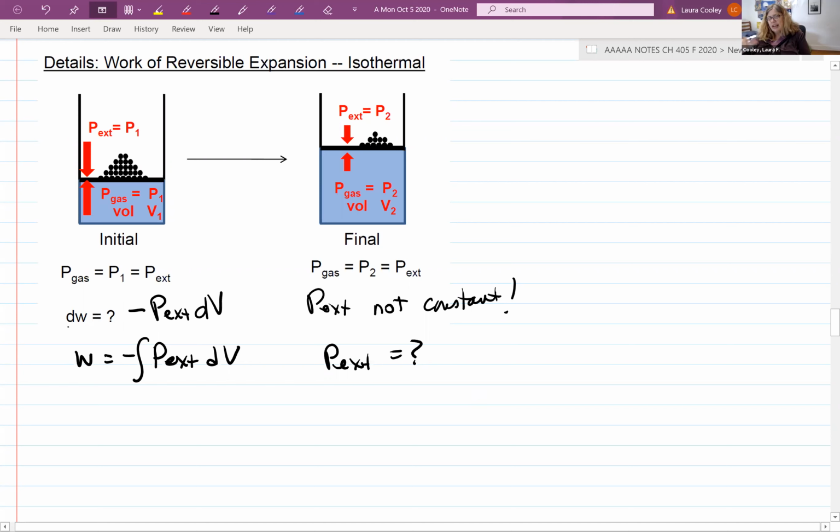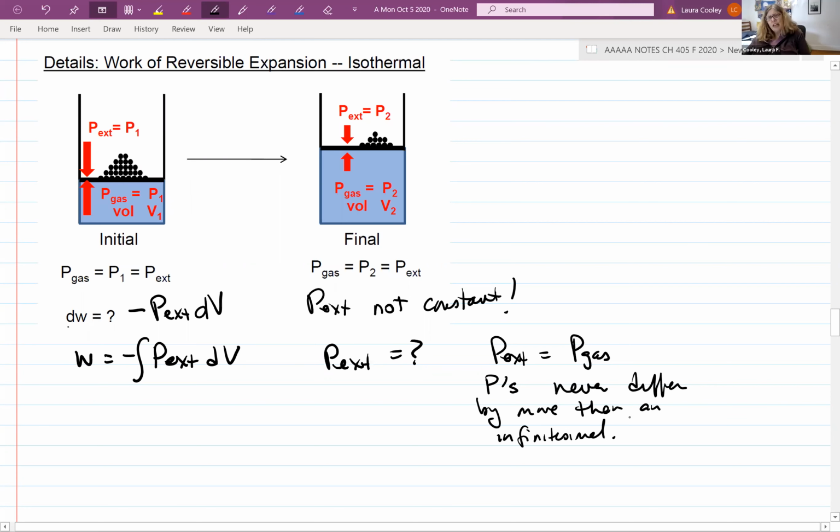We're taking the sand off a grain at a time, and the pressure of the gas is never more than an infinitesimal different from the pressure externally. So they're equal: P external is equal to P gas. The pressures never differ by more than an infinitesimal.